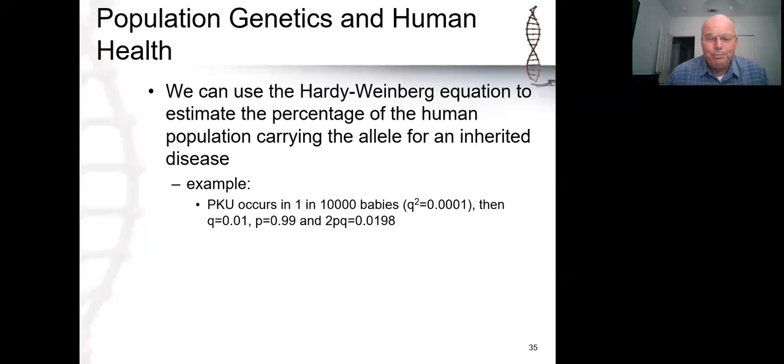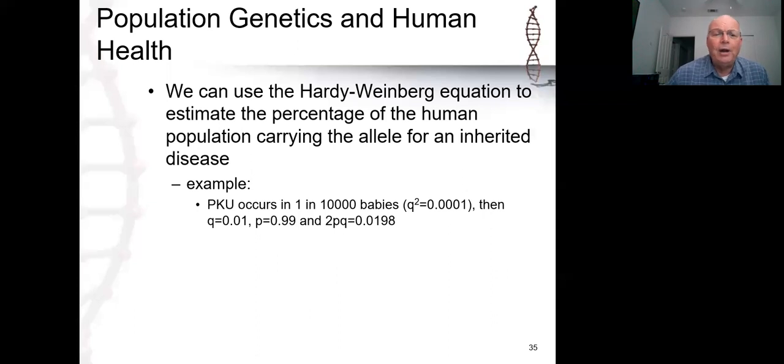This is a really important calculation for individuals who know that there's a family history of a particular allele in their family gene pool. So a condition that you may have encountered in Biology 1 is called phenylketonuria, otherwise known as PKU. This is the condition where an individual is unable to metabolize the amino acid phenylalanine correctly.